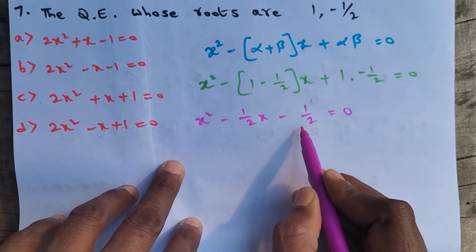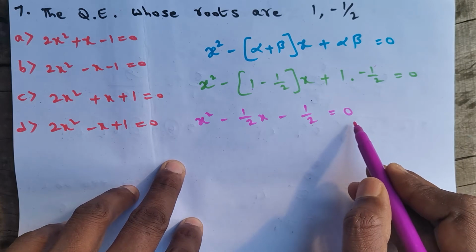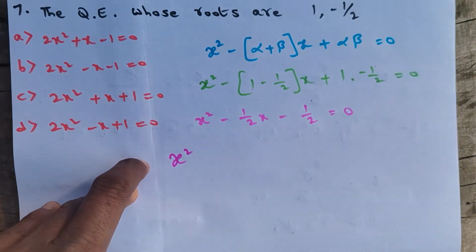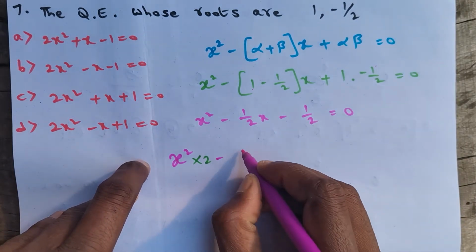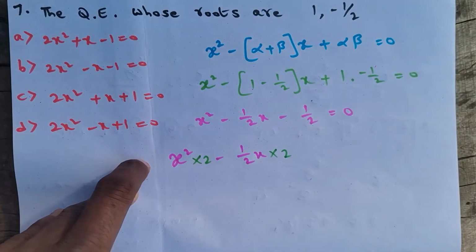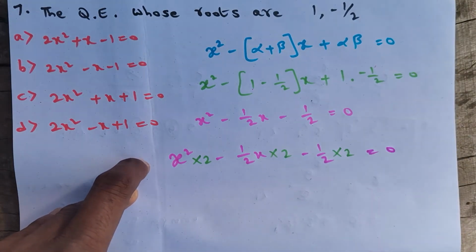Here I don't want any denominators. So what I will do, every term I will multiply by 2. First term x square, I am multiplying that by 2, minus second term half x, I am multiplying that by 2, minus half, this also I am multiplying by 2, is equals to 0.